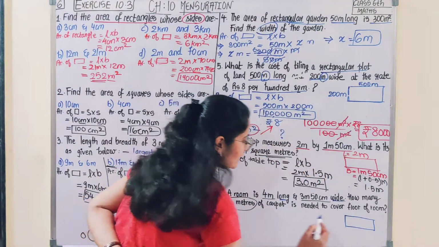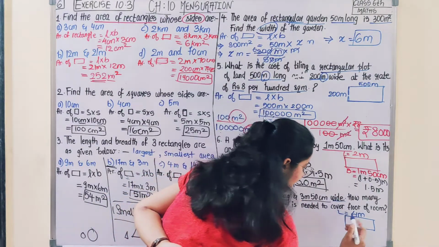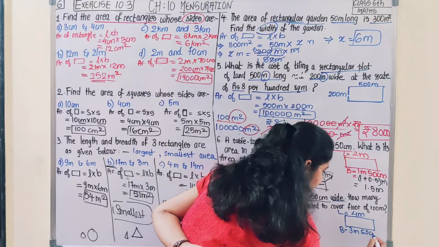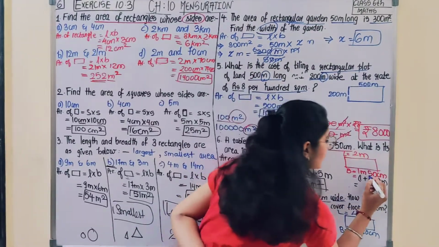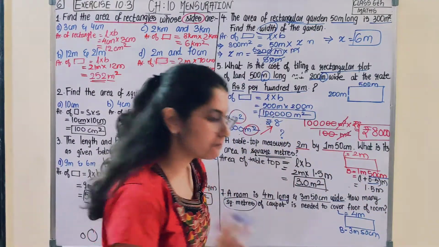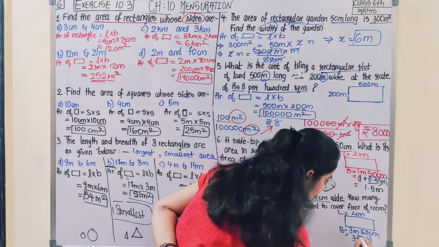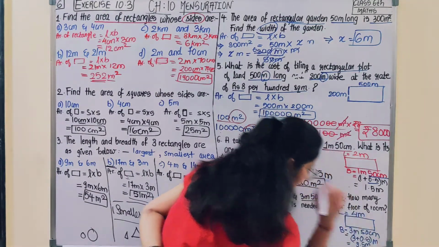The length is 4 meter, breadth is 3 meter 50 centimeter. Just now we converted 50 centimeter into meter, that is 0.5 meter. So that is 3 plus 0.5 meter, that is 3.5 meter.